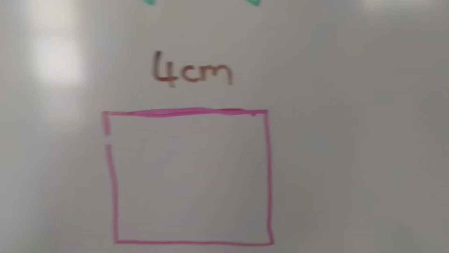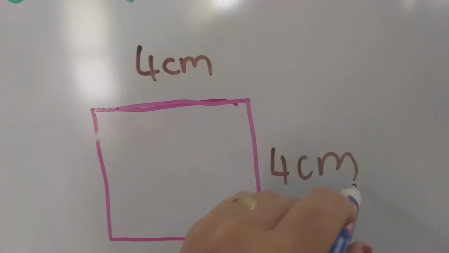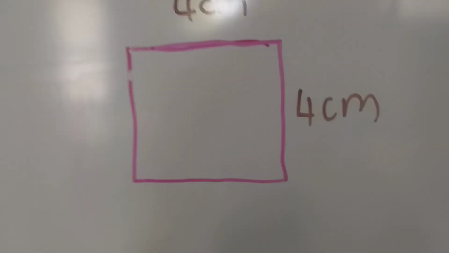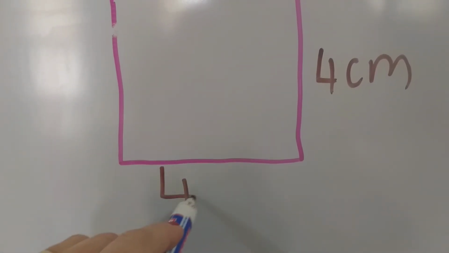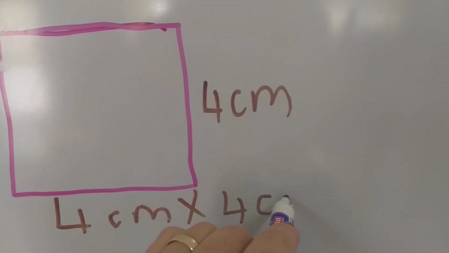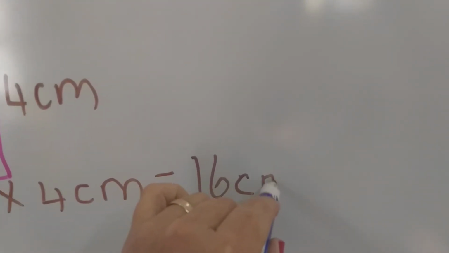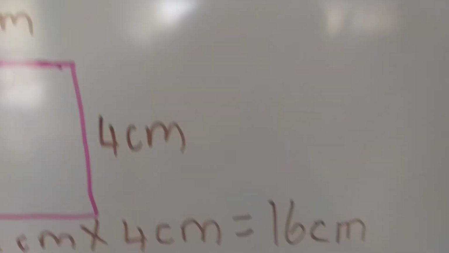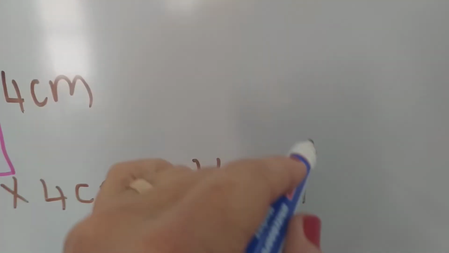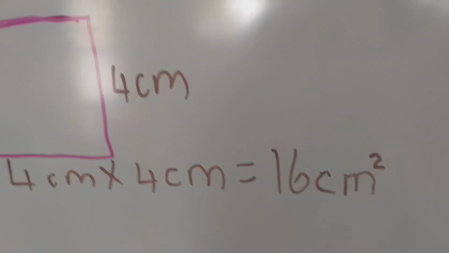If you measure it and it's 4 centimeters by 4 centimeters again, you just times those two amounts together. 4 centimeters times 4 centimeters, and you have an answer of 16. 4 times 4 is 16. Remember it's not just 16 centimeters because we're doing area. We have to put that little 2 on top to give an answer of centimeter squared.